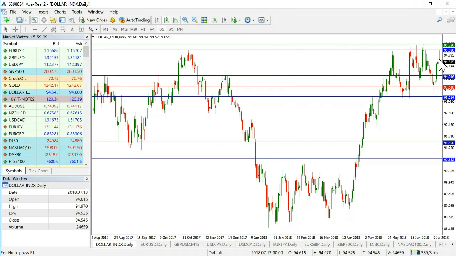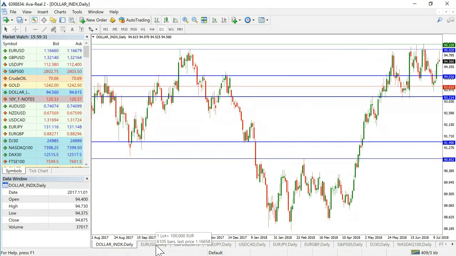The high of Friday's candlestick is 94.97, so virtually the 95 level, and we've had a bit of a significant reversal. So this level is still a very, very important level of resistance in this market. So that's the dollar index.